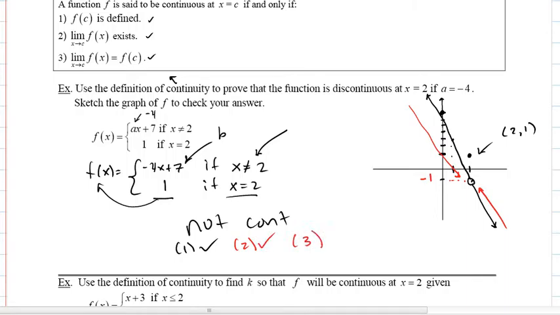It doesn't pass the third criteria because f of 2 is equal to 1, while the limit as x approaches 2 is equal to negative 1, and those two are not the same value, so it fails the third condition.